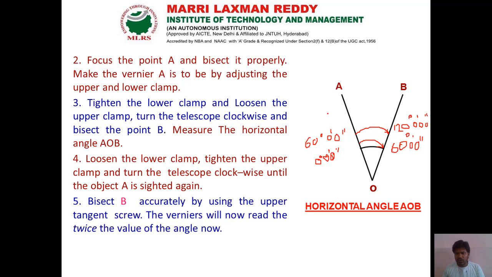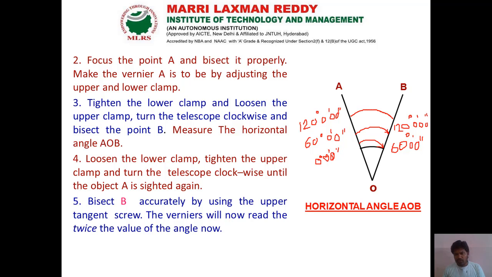We bisect the point A, and corresponding to point A the vernier reading is 120 degree right now. Once again we tighten the lower clamp screw and loosen the upper clamp screw, so that we can rotate in the horizontal plane.